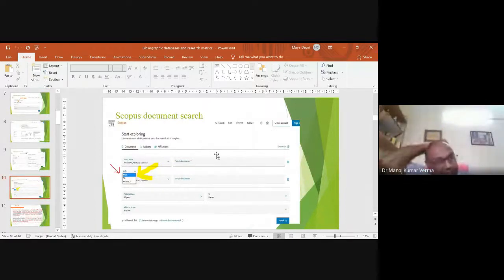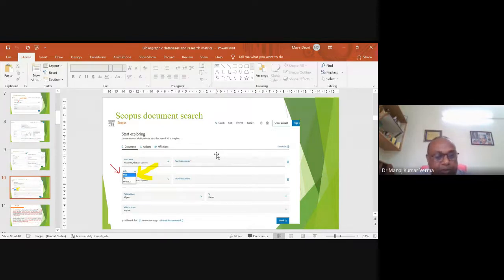Then how do we search the data? The Scopus database uses the Boolean operations and, or, not. I don't know whether you are aware of Boolean operations or not. There are three operations we are using: and, or, and not.